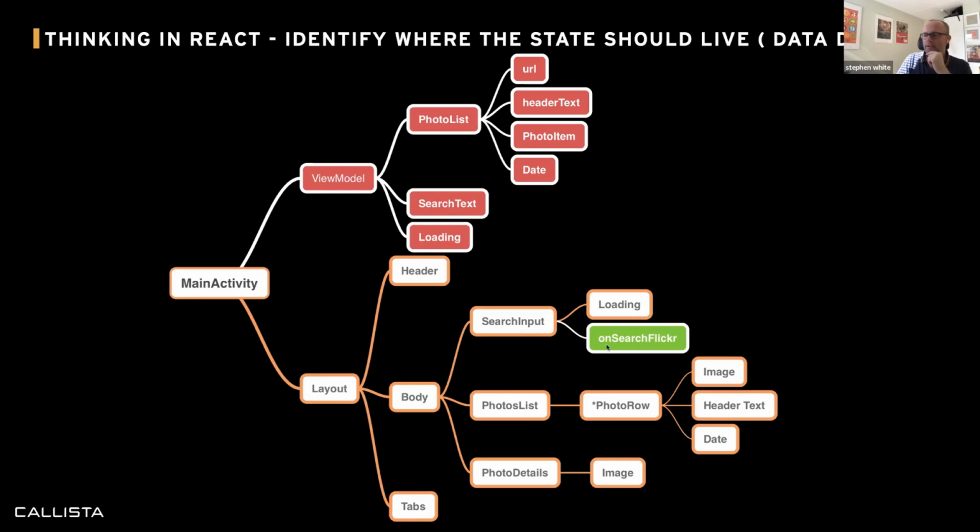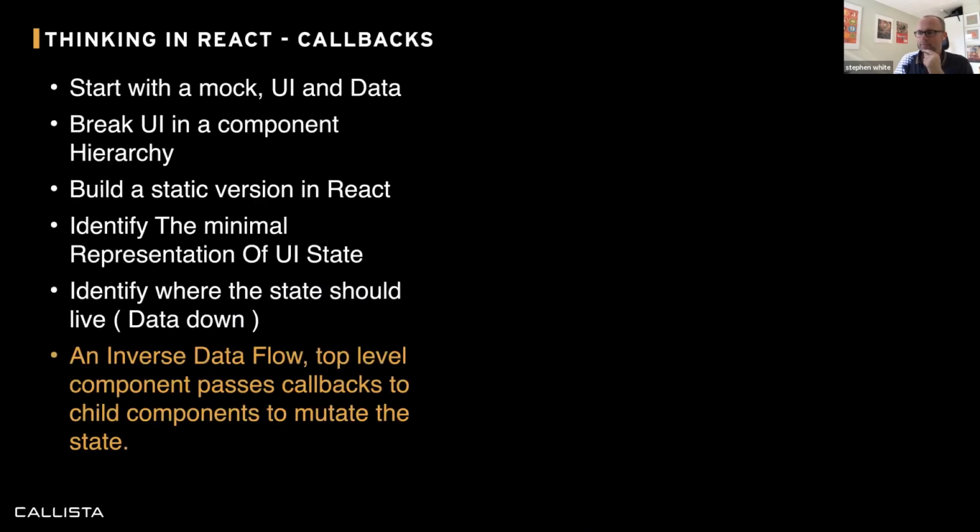But then you need to be able to update or mutate the state. And you would do this via functions from the view model. Okay, so for instance, on search Flickr. So whenever you type some stuff into the search input, this function is called, which will then update the search text. Okay.